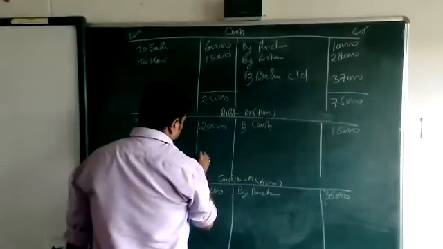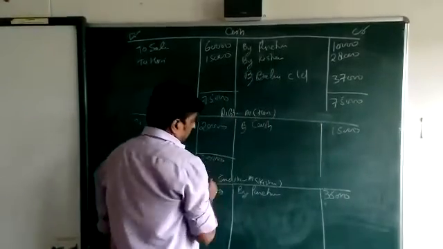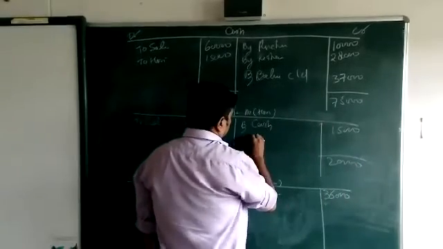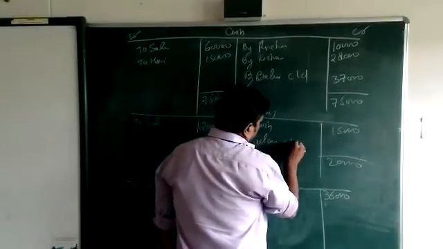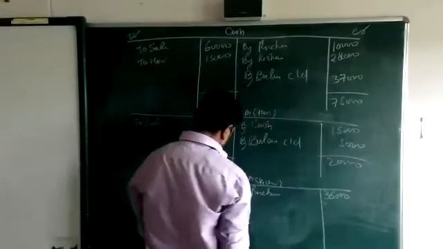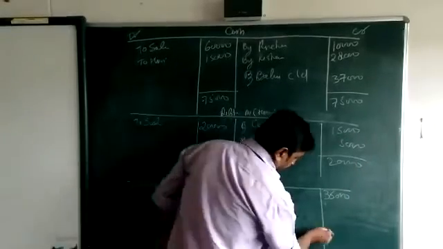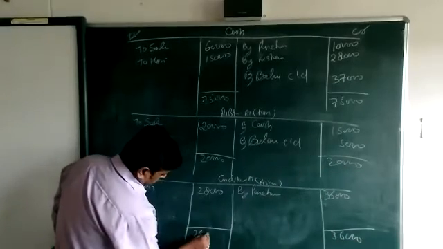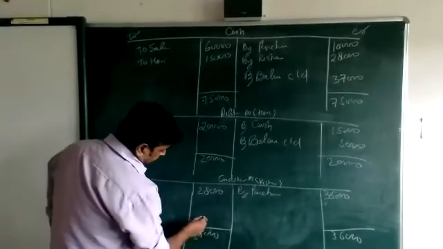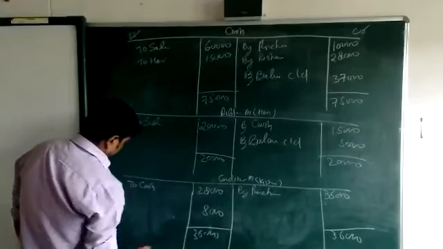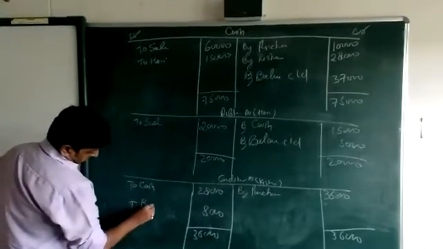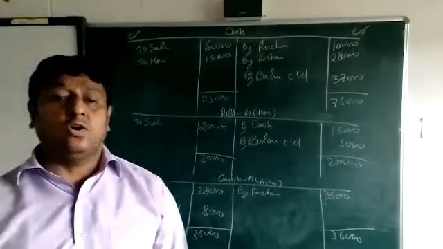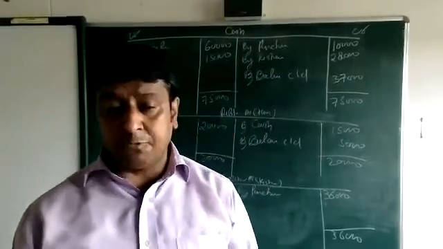On this side, it's the bigger side. 20,000 from here, 20,000, then by balance c/d 5,000. Then this side is given 36,000, 8,000. In this way we make the different accounts, beta.